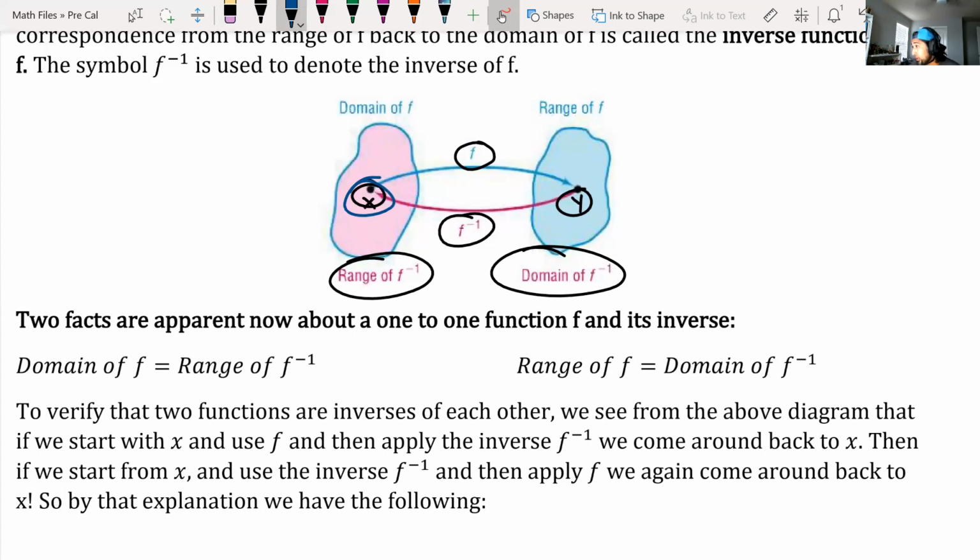Or you can even do it the other way: f composed with the inverse, so you go x to y again, and you use the original function to get you back to x. So basically, the functions undo each other. If you have true inverses of each other, you should always arrive at x.